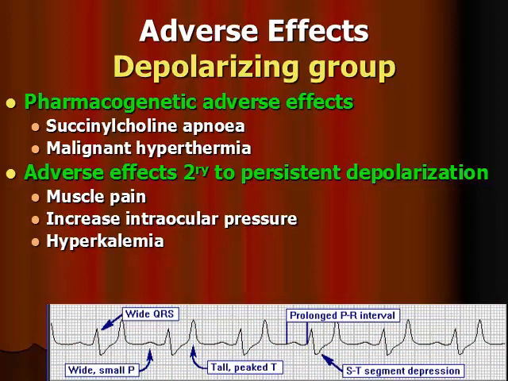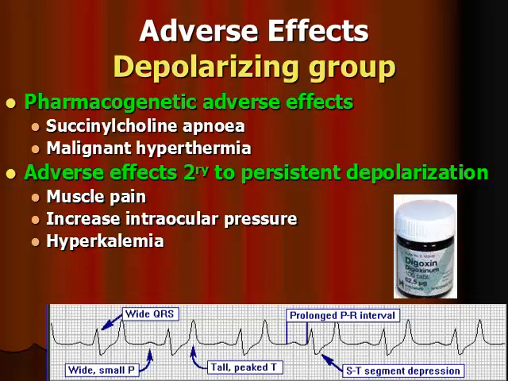The third is the hyperkalemia, which occurs due to prolonged opening of the skeletal muscle ion channels. Potassium escapes from muscle, and this may induce serious ECG changes, which progress to arrhythmia. For this reason, succinylcholine is not used in surgical operation in heart failure patients treated with digoxin.